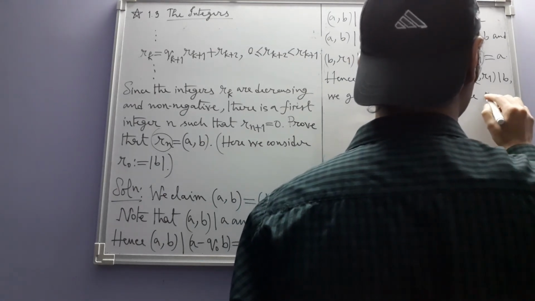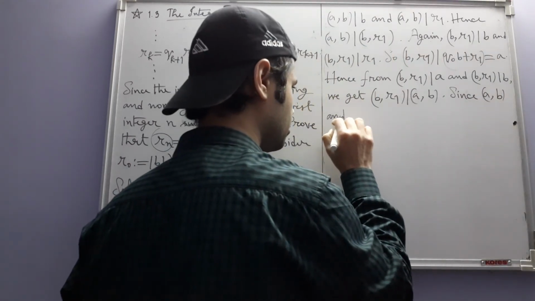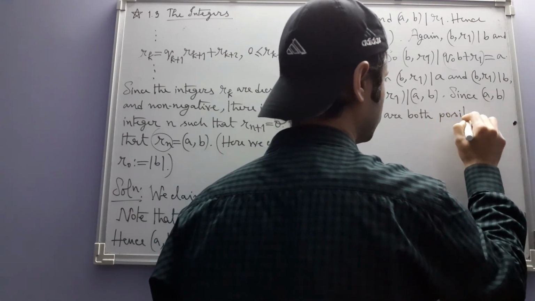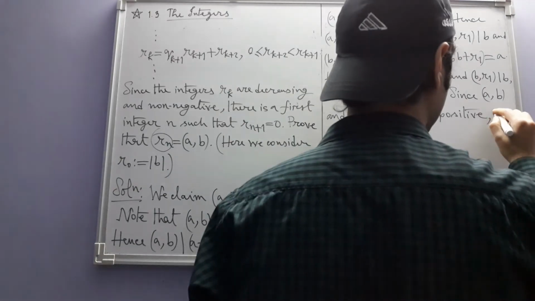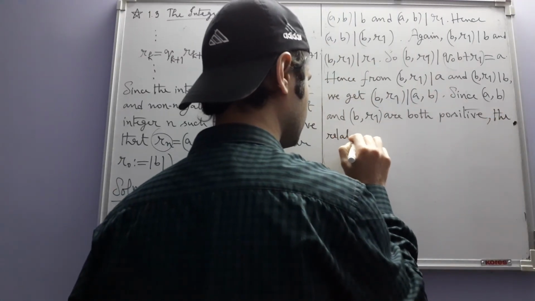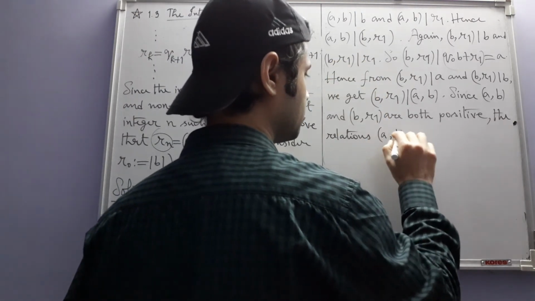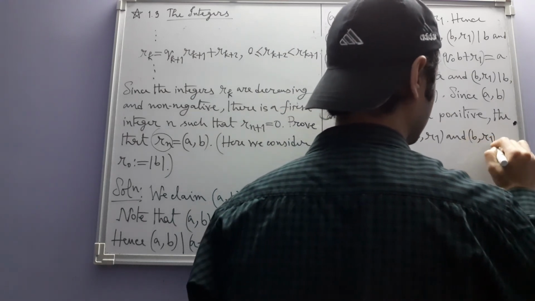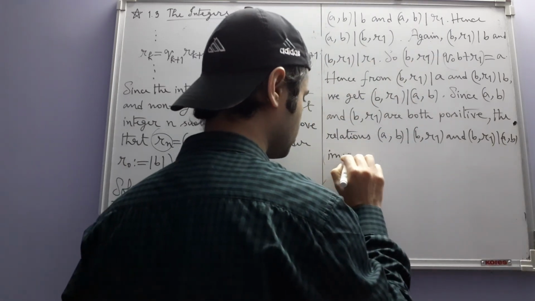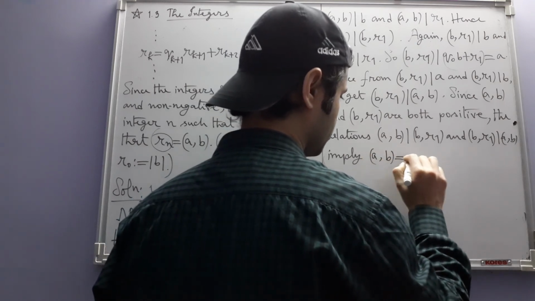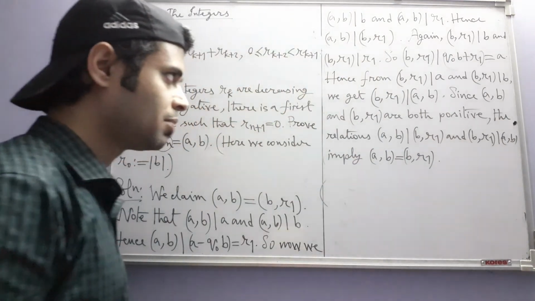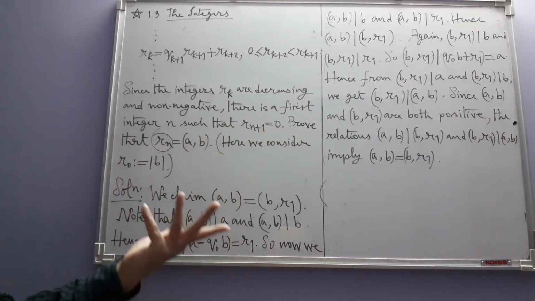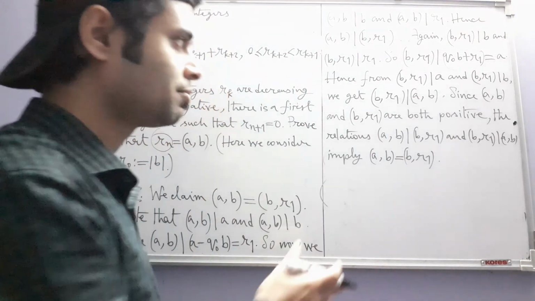Since the GCD of A and B and the GCD of B and R1 are both positive by the definition of GCD, the relations, this one and this one, imply that they have to be equal, because you remember, if A divides B and B divides A, then A is equal to plus or minus B. If both of them are positive, then they are equal.